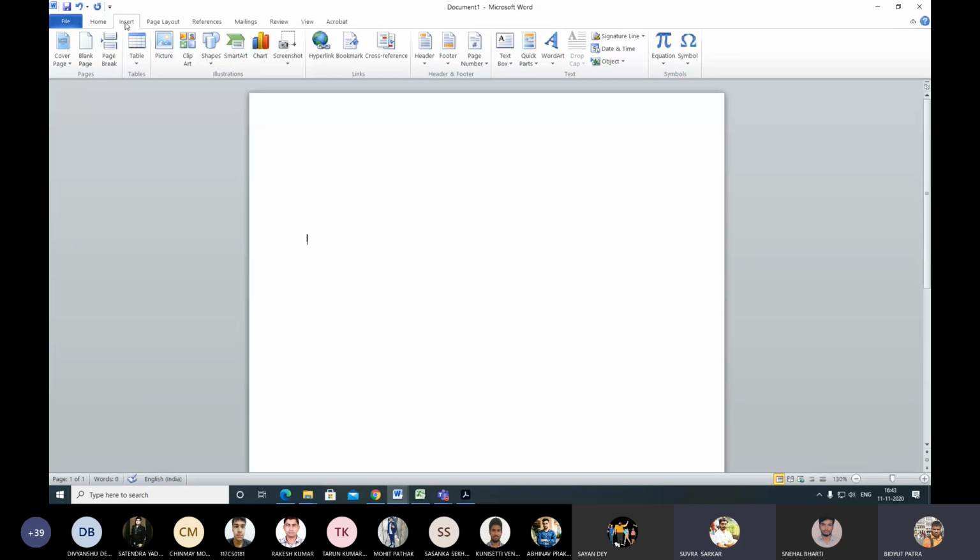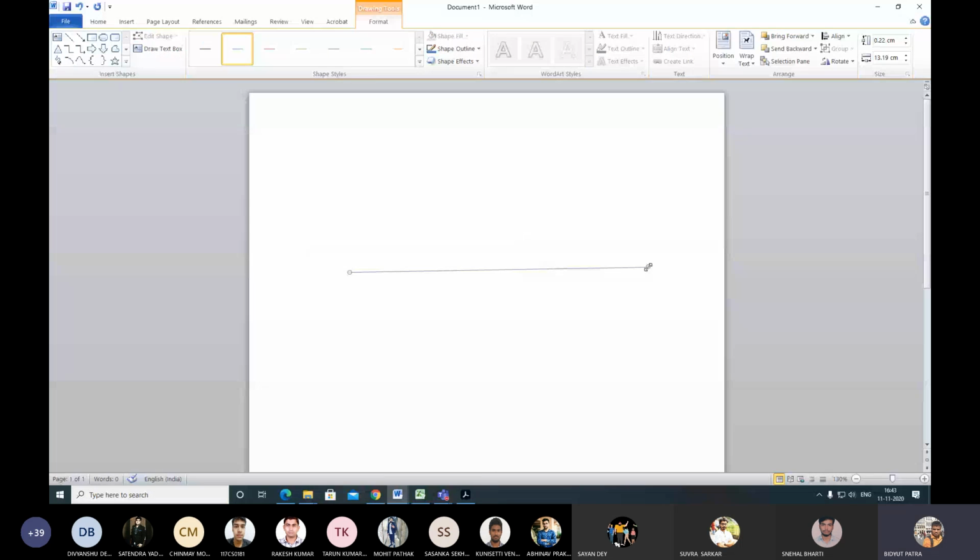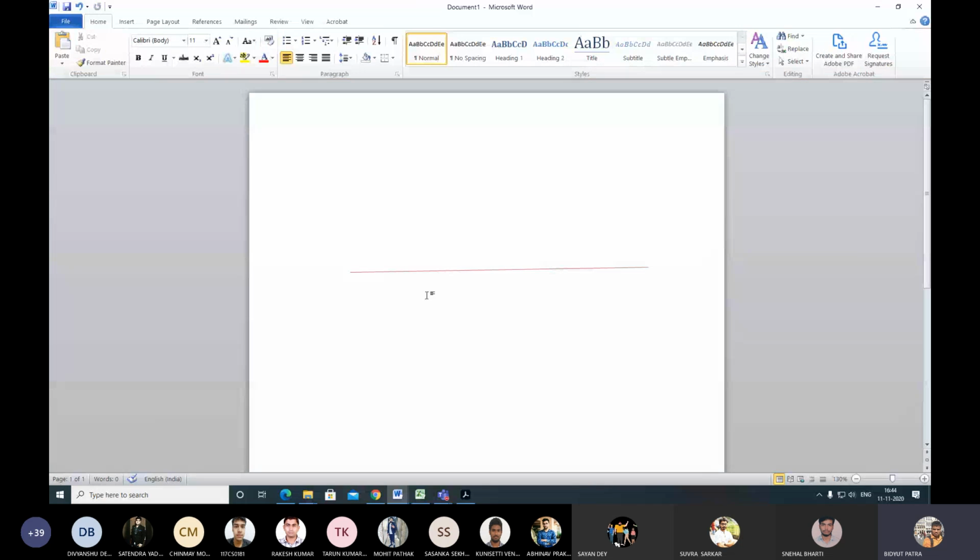Then where is Shape? To the right of Clip Art. Shape, yeah. So suppose this is the line, right? How do I make it thicker? Can you see the line?